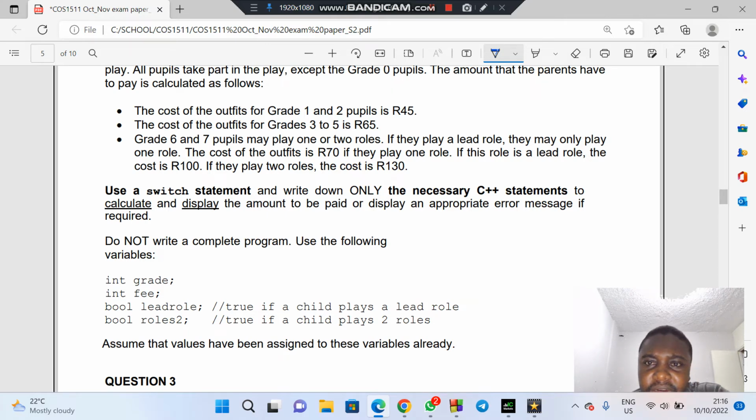If they play a leading role, they must only pay for 1 role. The cost of the outfits is 70 rand if they play 1 role. If this role is a leading role, the cost is 100 rand. If they play 2 roles, the cost is 130. So there we are given those statements.